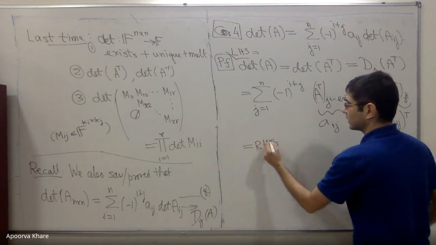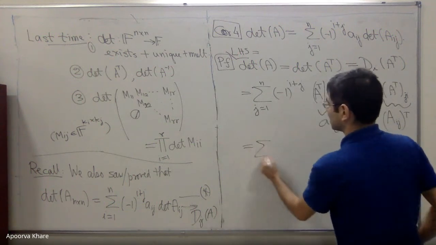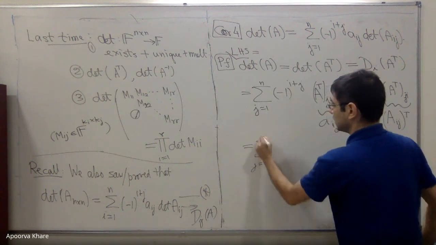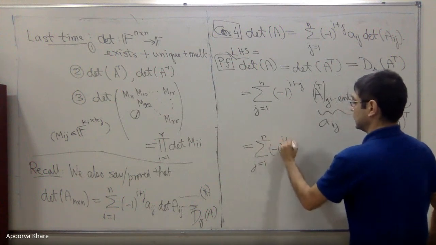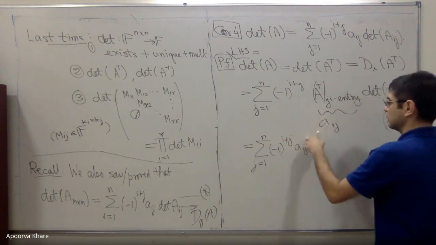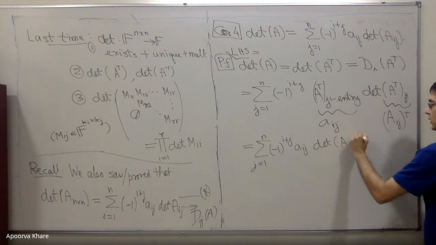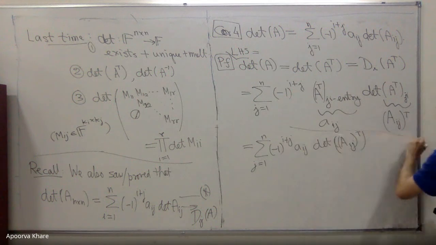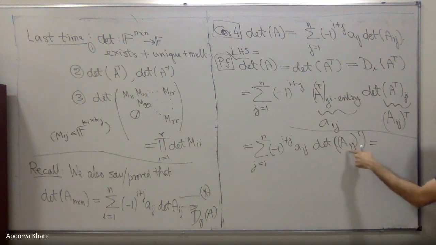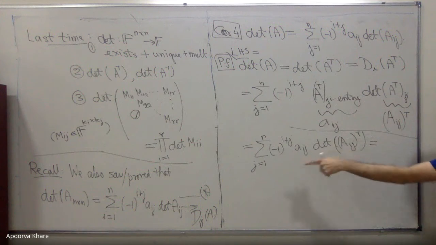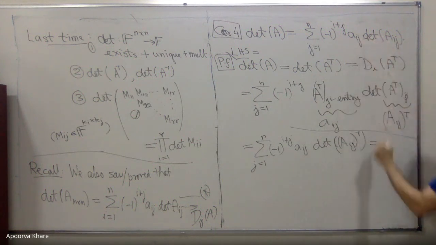Maybe I should simplify a step here, but it's obvious what that step is. This term is det of Aij transpose, and I can remove the transpose because of the det, and that is precisely this expression.